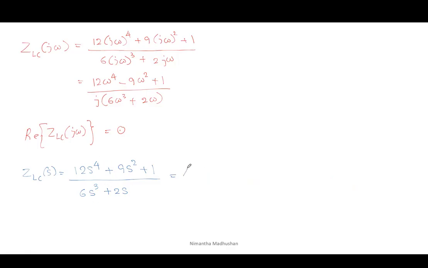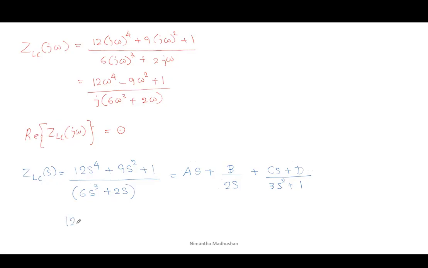Then we can write the partial fraction expansion as A s plus B over 2s plus (Cs plus D) over (3s squared plus 1). Now we have to find the values of A, B, C and D. For that, I multiply both sides by the denominator.